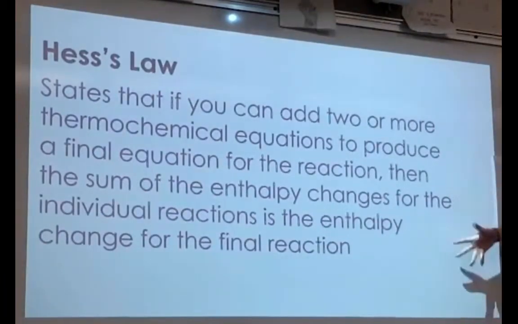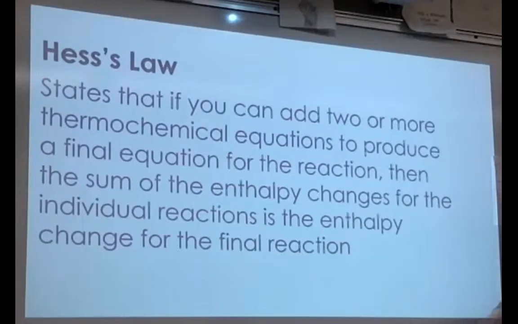Now, the definition is that we can add 2 or more thermochemical equations, right? So there's the thermochemical equation. We have a balanced equation with a delta H value. We can add 2 or more equations to produce a final equation for the overall reaction.